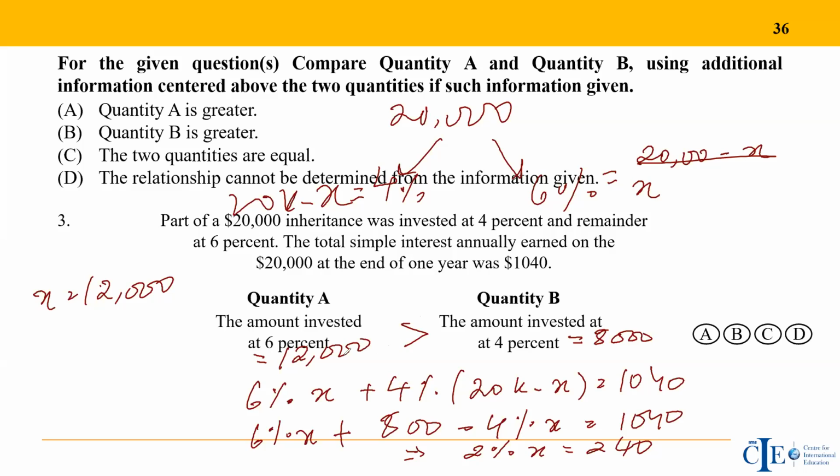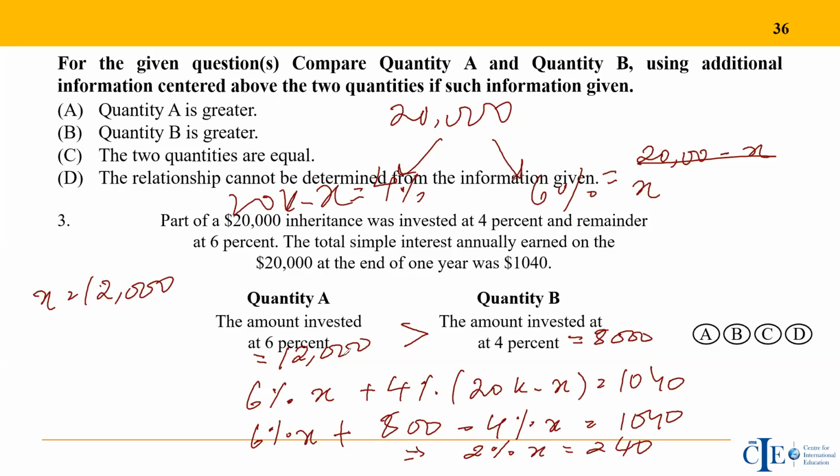Okay, so this is the algebraic form that you can construct. So two parts, each giving you a return of 4% and 6%. So 6% of X plus 4% on the remaining 20,000 minus X. That should add up to the total earning of 1040.